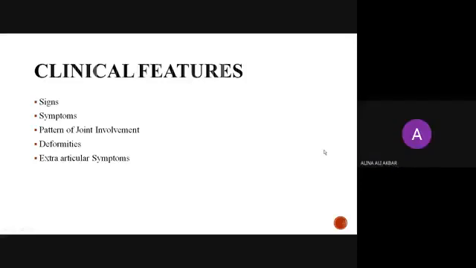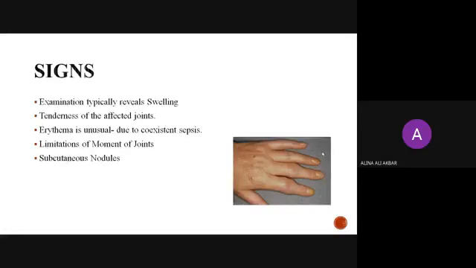A clearly typical presentation of rheumatoid arthritis has the following properties: signs, symptoms, pattern of joint involvement, deformities, extra-articular symptoms. In signs, examination typically reveals swelling and tenderness of the affected joints. Erythema is unusual due to coexistence of sepsis.